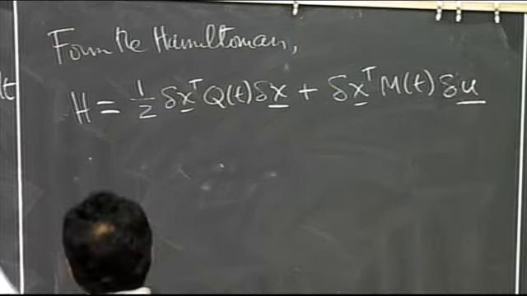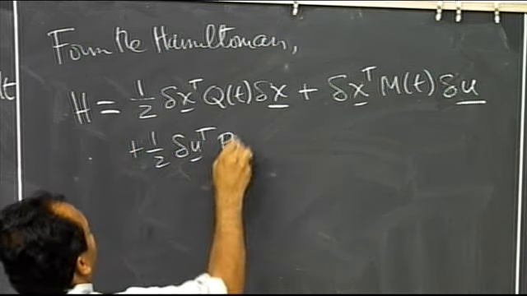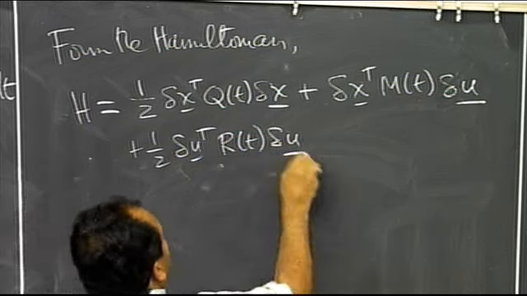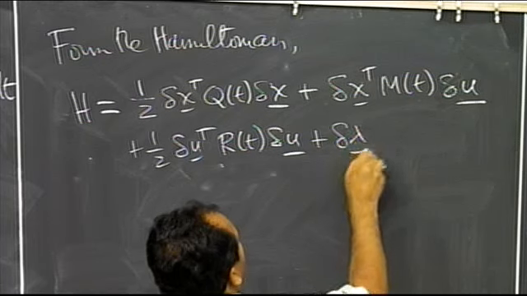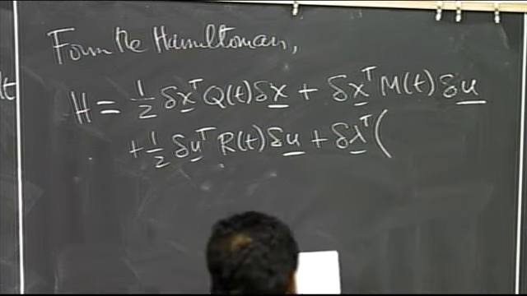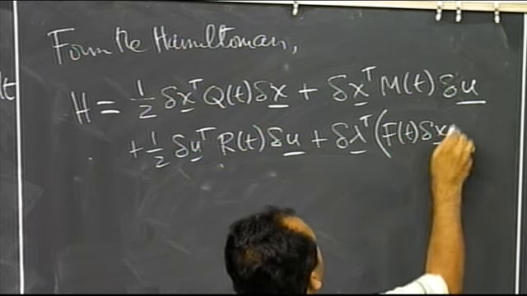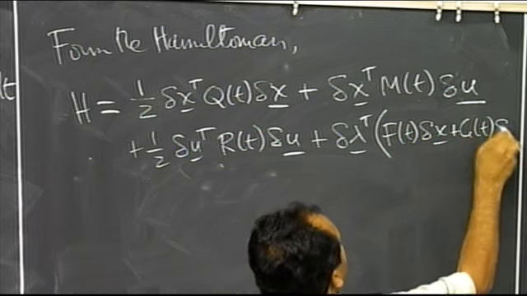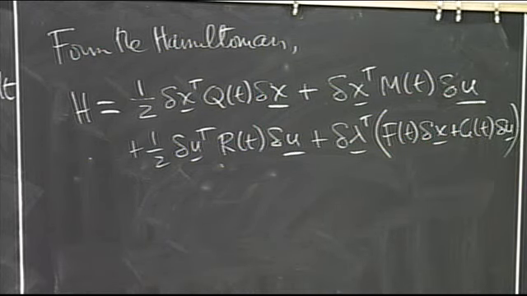And then you've got plus 1/2 delta u transpose R of t delta u. And then you've got the last term, which is plus lambda transpose F. But lambda in this case is a variation. And this gives me F of t delta x plus G of t delta u. Okay, so that's the Hamiltonian for this system.